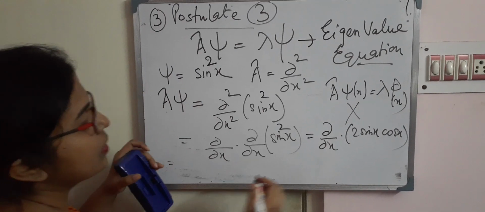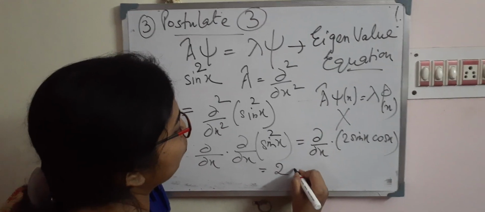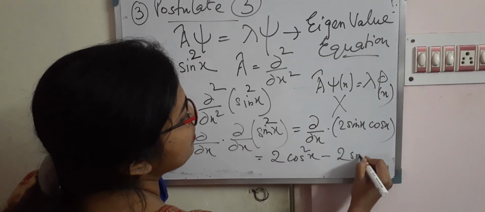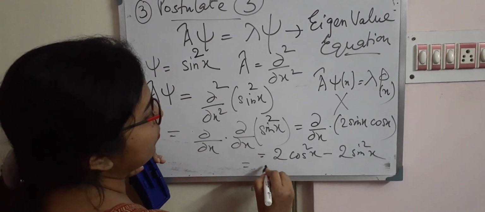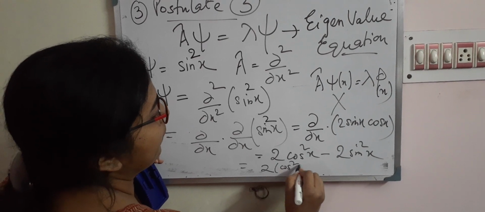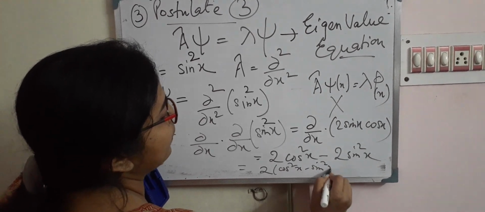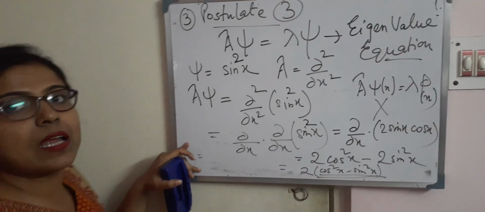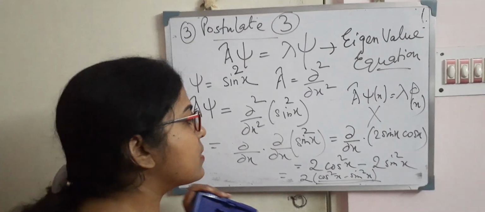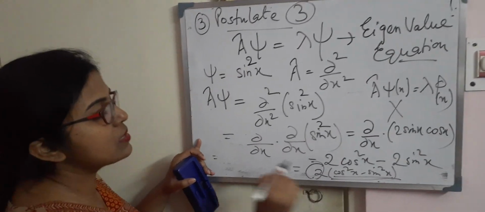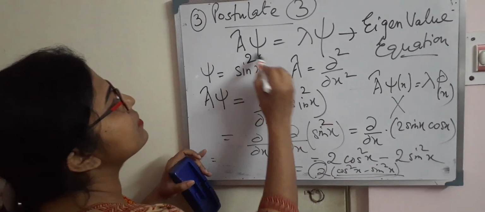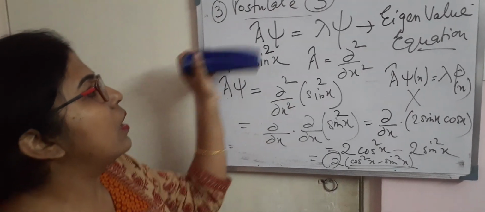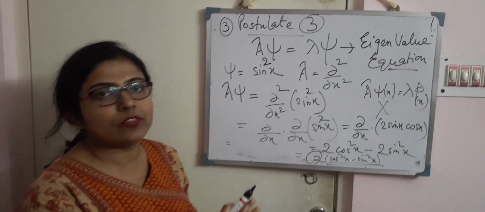If you differentiate, you get 2 cos square x minus 2 sin square x, that is 2 times cos square x minus sin square x. So I am definitely not getting back the same function sin square x. Instead I am getting a new function, cos square x minus sin square x, multiplied by 2. So sin square x is not an eigenfunction. This is the example of a function being an eigenfunction or not.